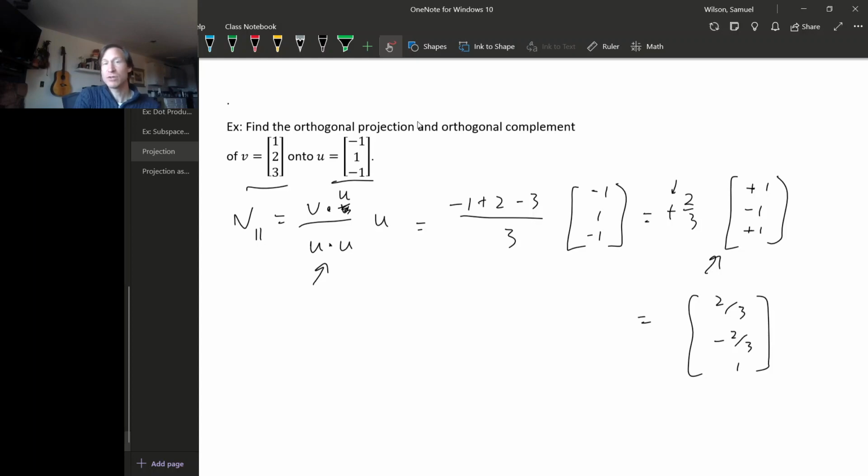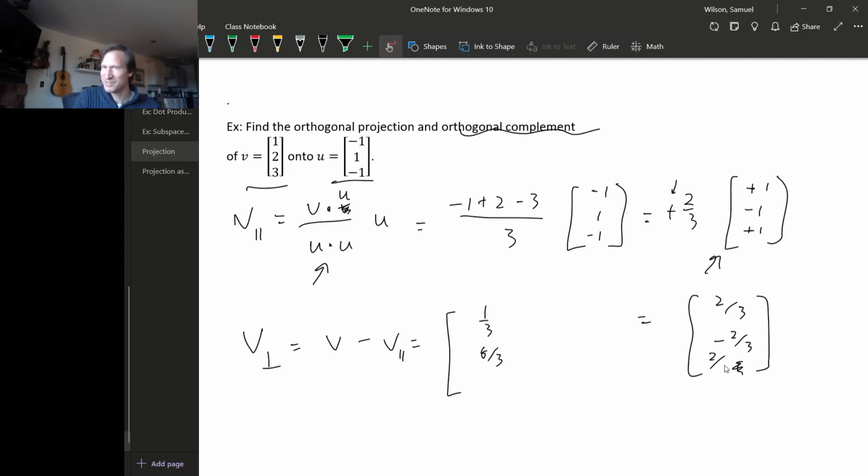Okay, and then for the orthogonal complement, that's v perp, we just do v minus v parallel. So let's see, 1 minus 2/3 is 1/3, and then 2 minus negative 2/3, that's 2 plus 2/3, so 8/3. And then 3 minus 1, oh, I forgot to do my scalar product.